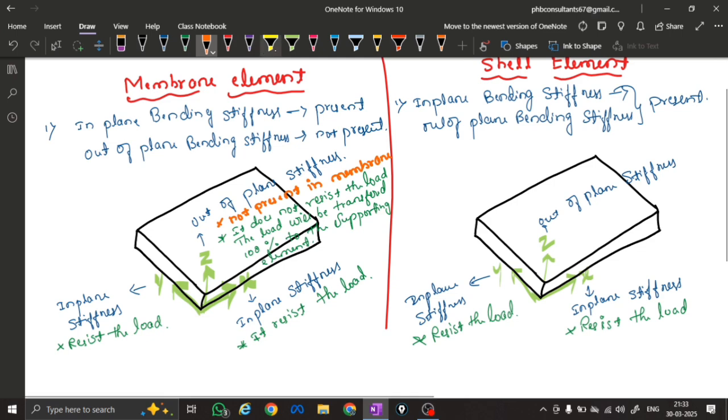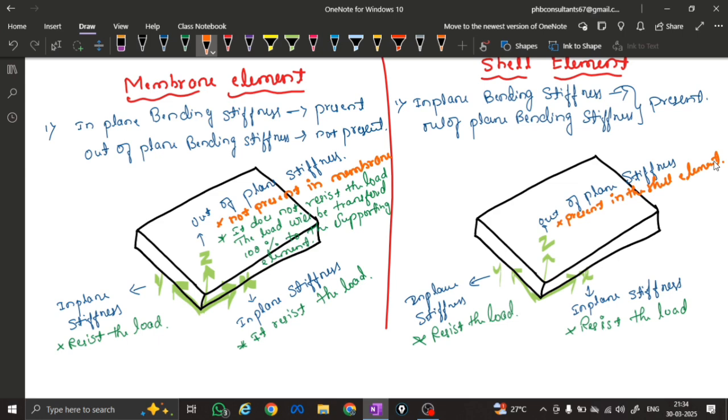So due to this, out of plane stiffness is also present in the shell element.